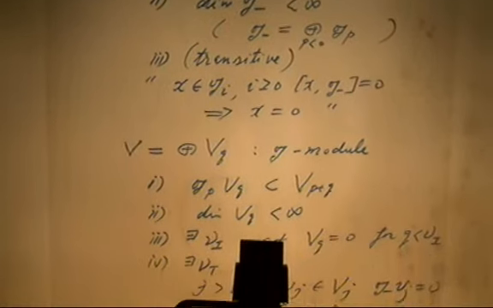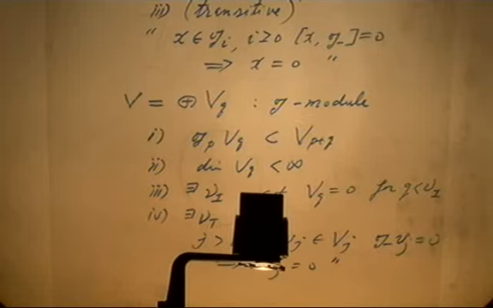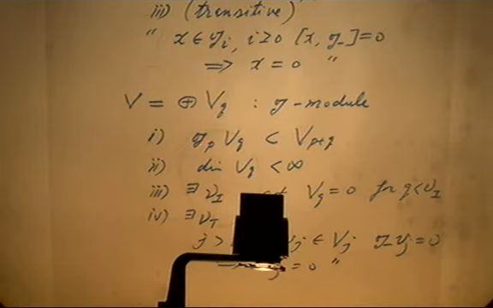And V is a G-module, the representation space of this Lie algebra, and the gradation is compatible in this sense: G_p V_q is in V_{p+q}. Each V_q is assumed to be finite dimensional, and there exists ν such that V_q equals 0 for q smaller than ν.